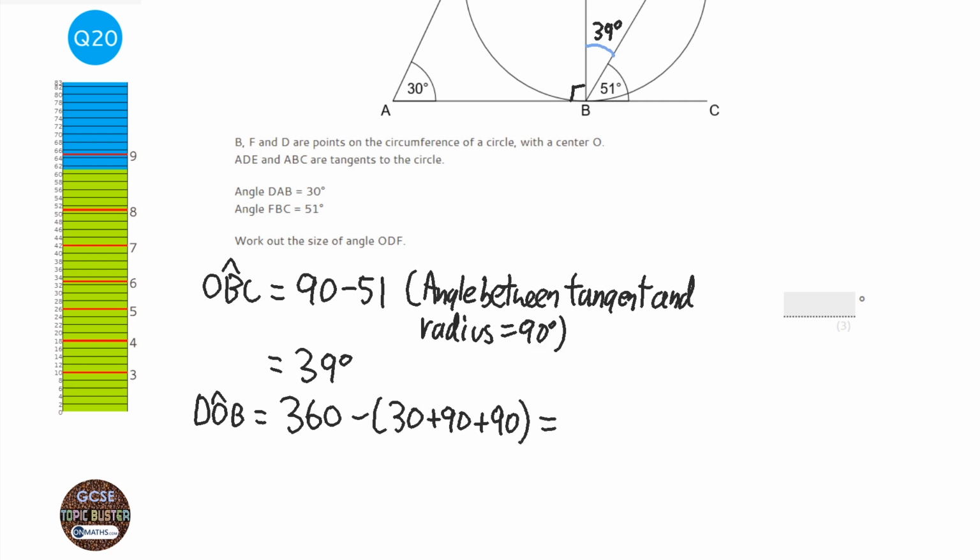Okay, so I need to give a reason. Well, let's work it out first, and we can give a reason afterwards. So we're going to take away, what is it, 180 plus 30, so that's 210 from 360. That's going to be 150 degrees. And the reason is angles in a quadrilateral.